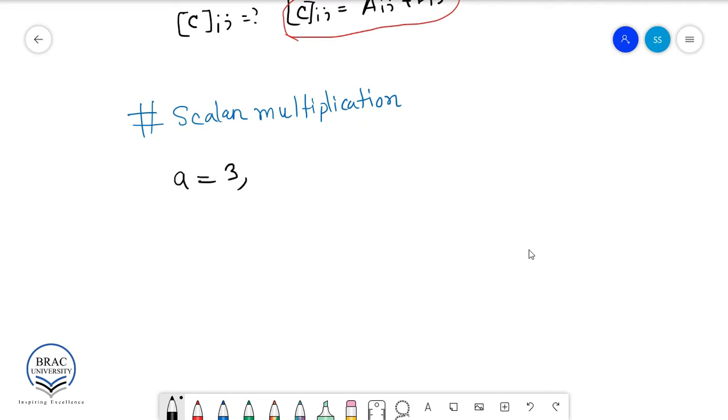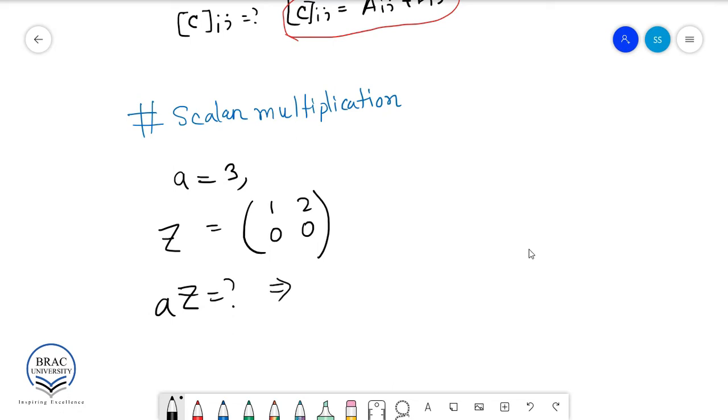This is just a number. And let's say you have another capital A. Okay, let's not denote it by capital A. Let's denote it by Z, capital Z. And this is a square matrix, let's say 1 2 0 0, and I want to evaluate what is A times Z.